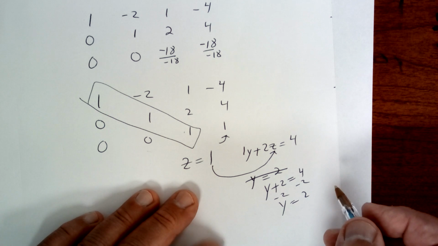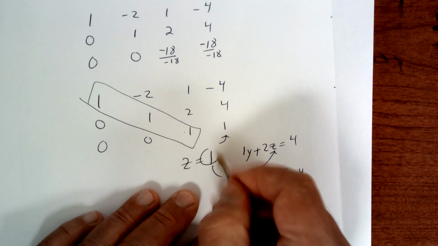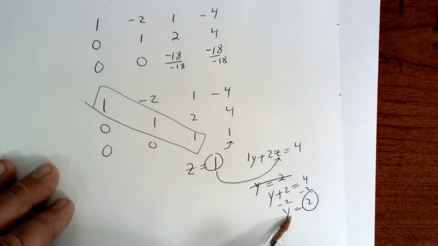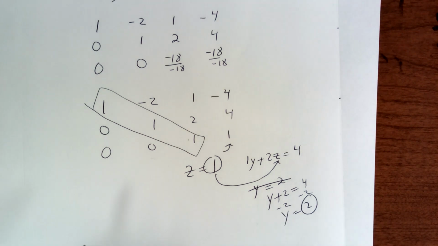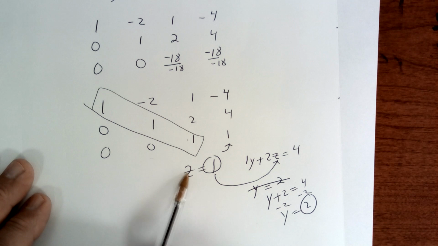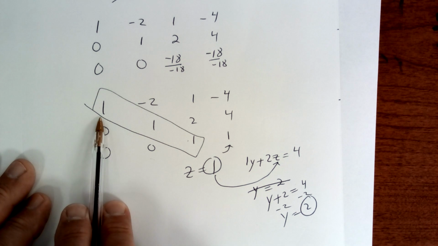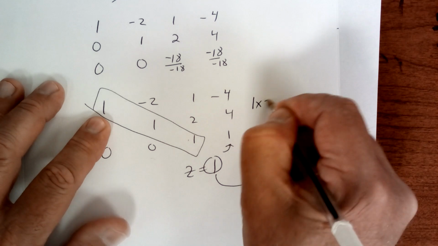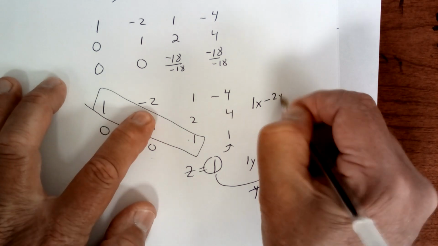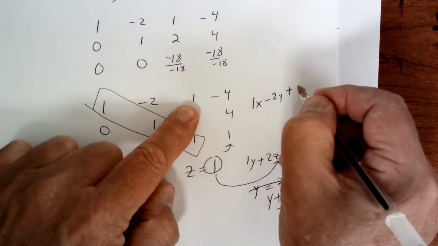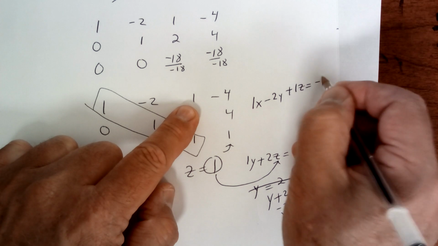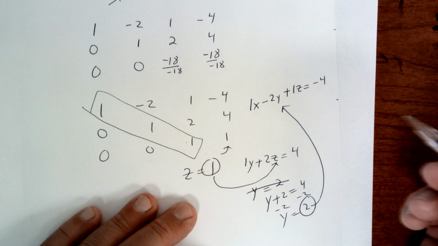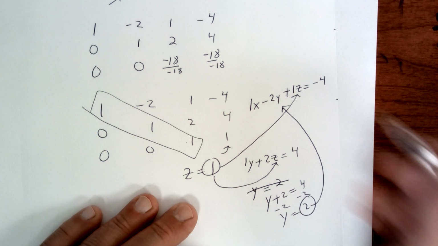So now you have y and z, and now you got to find x. So to find x, this is x, so it's 1x minus 2y plus 1z is equal to negative 4, and then you plug in your y, you plug in your z, and you solve this equation.